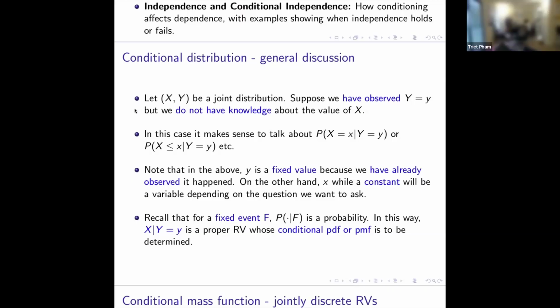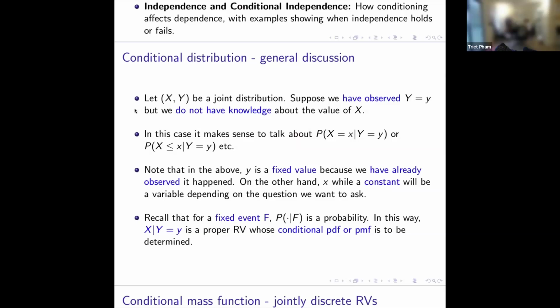Now, the thing again with conditioning is that when you write things down, the symbols might look symmetric, meaning there's no distinction between how important they are, what role they play. In conditioning, we emphasize that X and Y do not play the same role and they're not symmetric.